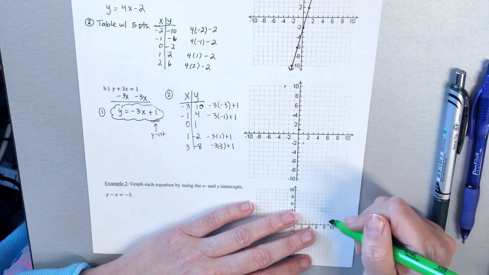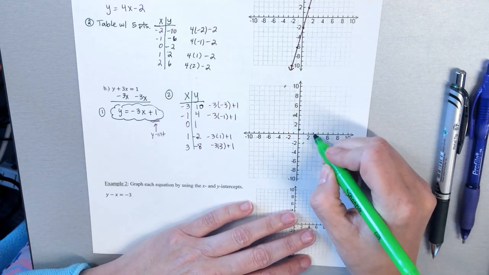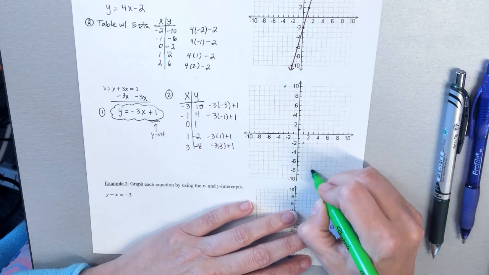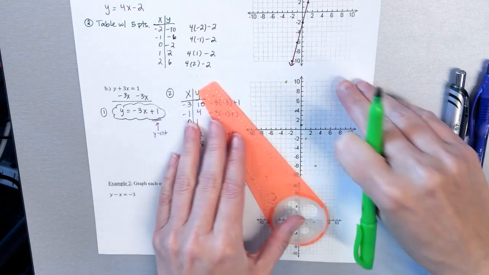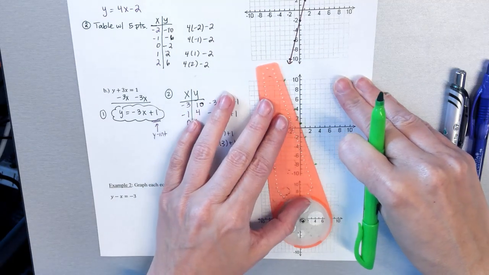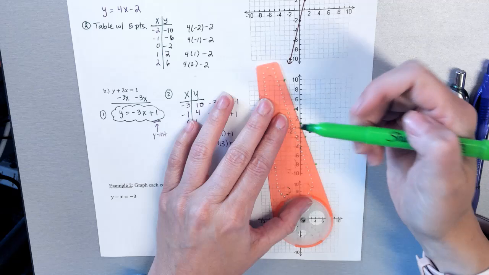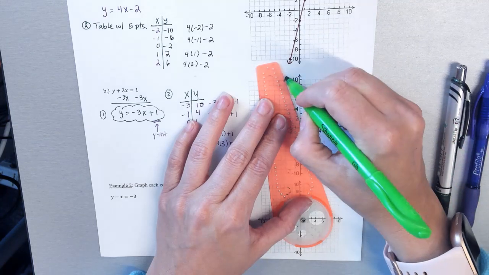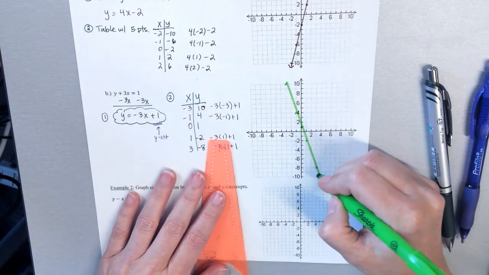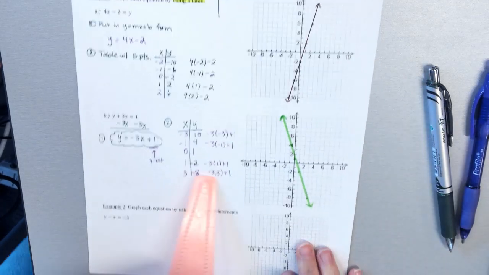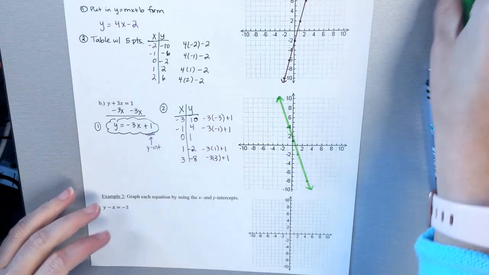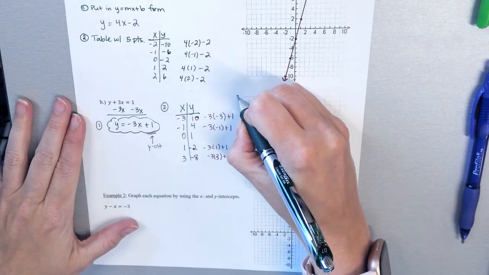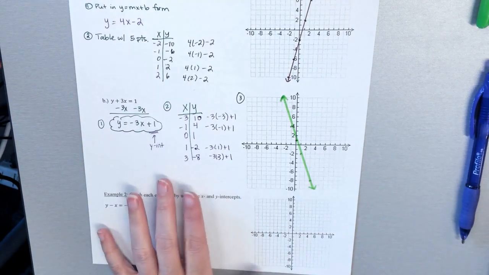So if it's negative, it should be going down. If it's positive, it should be going up. Okay, so it's just those 1, 2, 3 steps, okay?